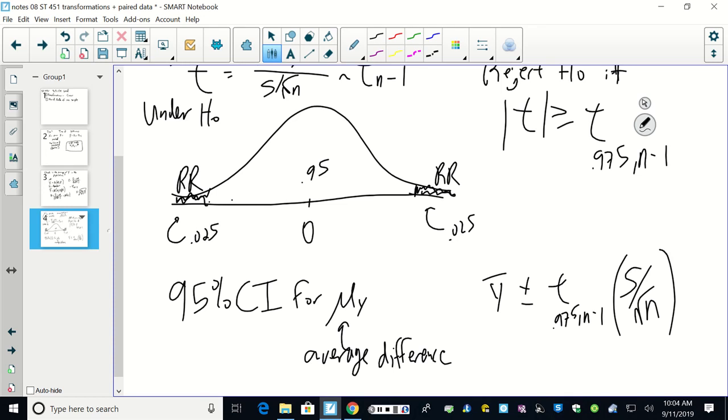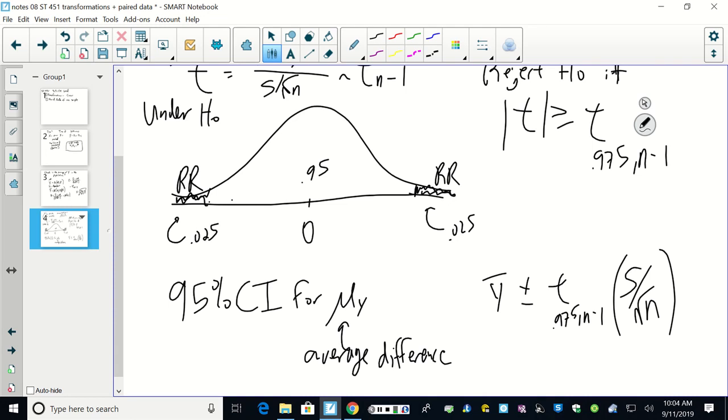And so that gives an interval, and you're 95% confident that the actual value of mu is in there. So if you're interested in 0, and you make this interval and it doesn't include 0, then you would reject. If it doesn't include 0, then you would reject 0.